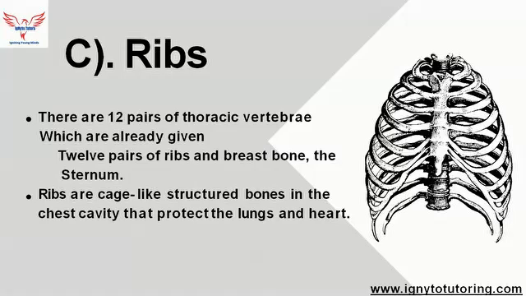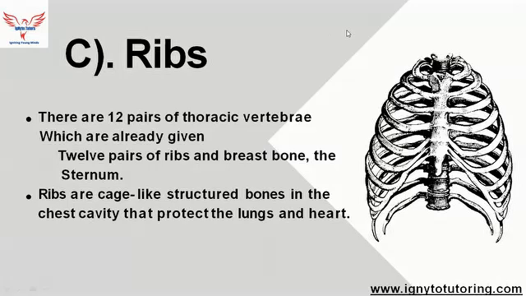The third type of bones is ribs. There are 12 thoracic vertebrae, 12 pairs of ribs, and the breastbone, the sternum.